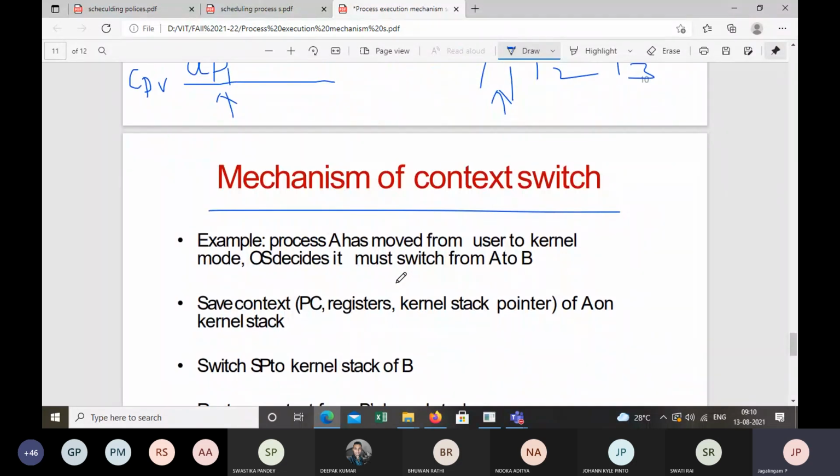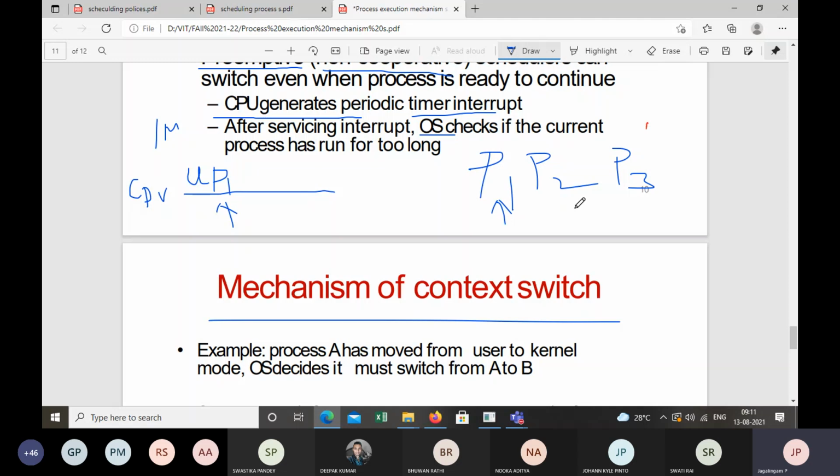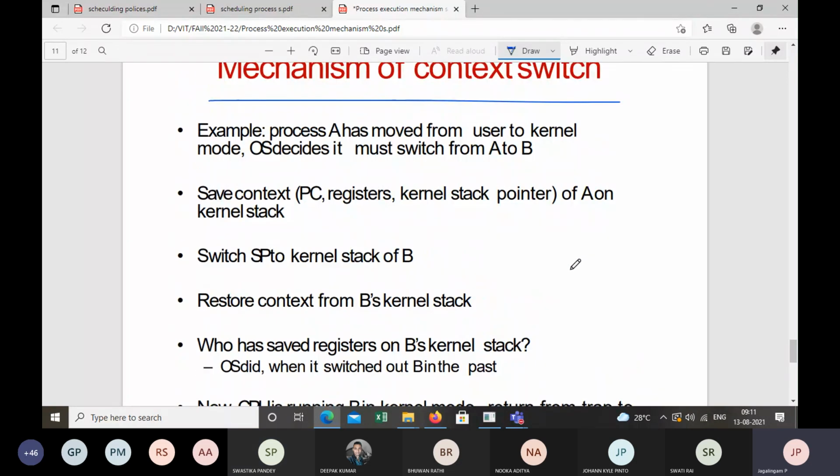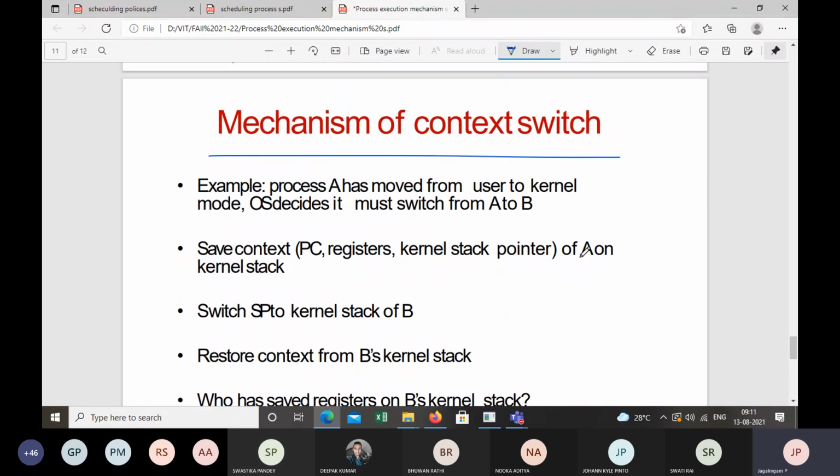So let us now try to understand what the context switch mechanism is. Everyone okay with this as of now? No confusion? Good. Now, let's say that process A is running.